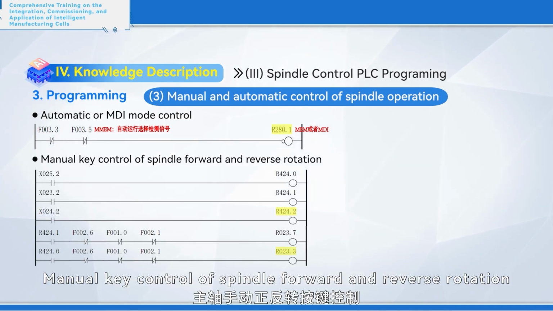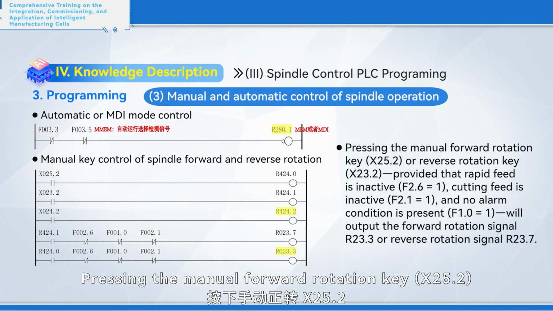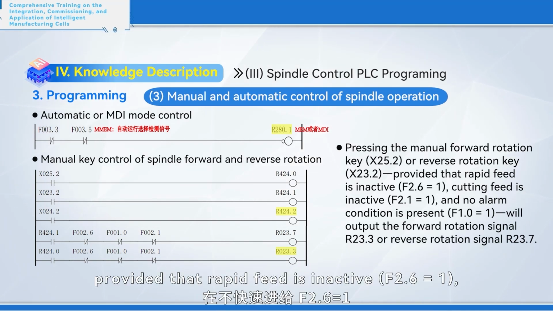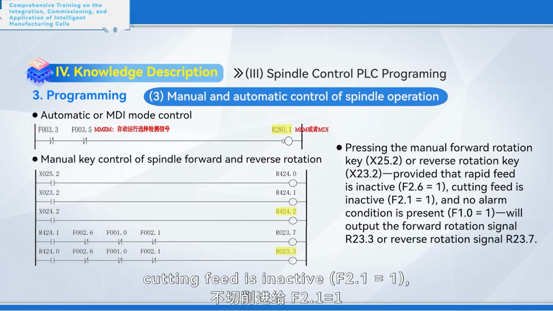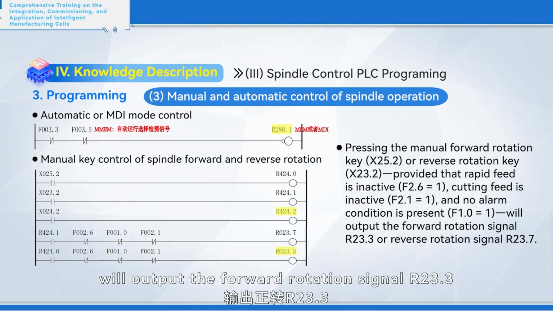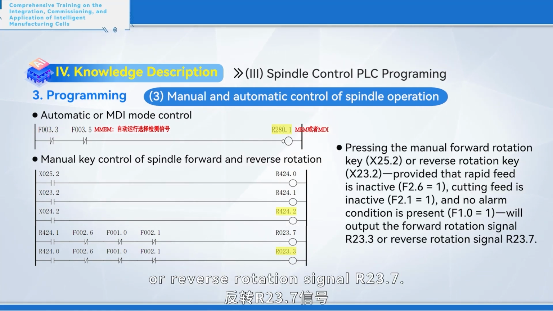Manual key control of spindle forward and reverse rotation: pressing the manual forward rotation key, X25.2, or reverse rotation key, X23.2, provided that rapid feed is inactive, F2.6 equals 1, cutting feed is inactive, F2.1 equals 1, and no alarm condition is present, F1.0 equals 1, will output the forward rotation signal, R23.3, or reverse rotation signal, R23.7.